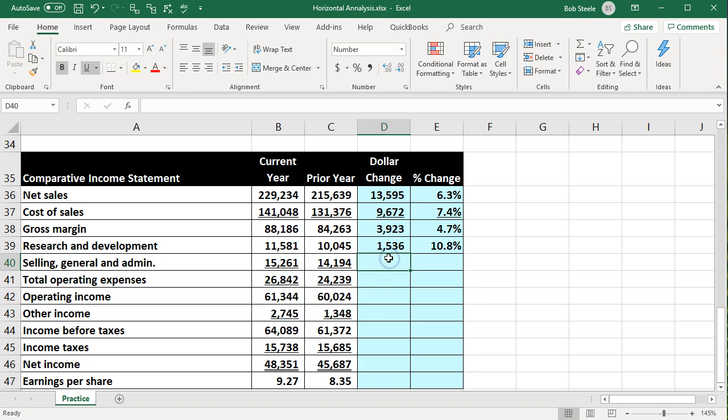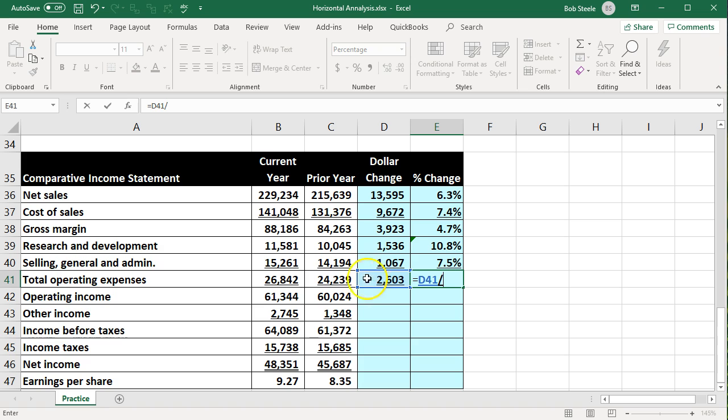We can just keep going all the way down, current year minus the prior year, and the percent change is the dollar change divided by the prior year.